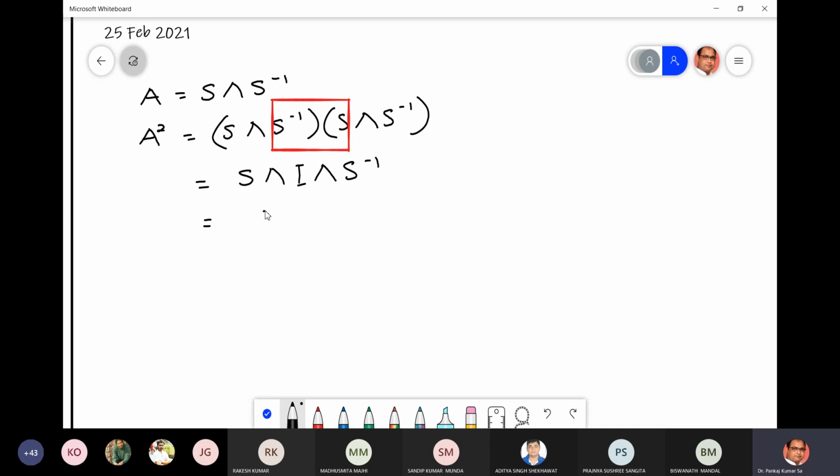So I can write it as S lambda square S inverse, or in other words A square is equal to S lambda square S inverse. Or if I generalize this one, this is actually A to the power K for any positive value K, for any value of K in fact.